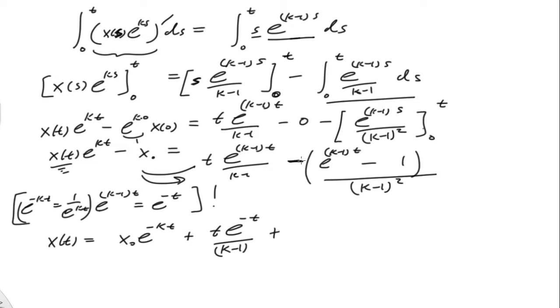Now I see I have a minus there, but I'm going to change that to a plus, just flip the order of these around. And then I'm going to have an e to the negative kt, because we're multiplying everything by e to the negative kt, minus e to the negative t all over (k minus 1) quantity squared. So there's our solution.